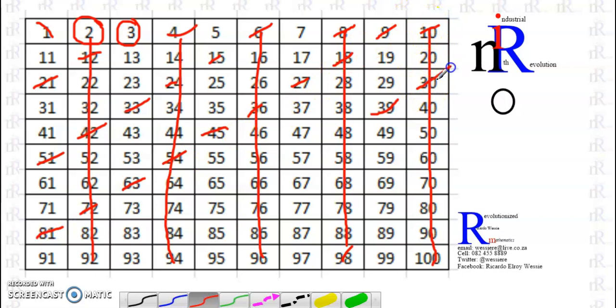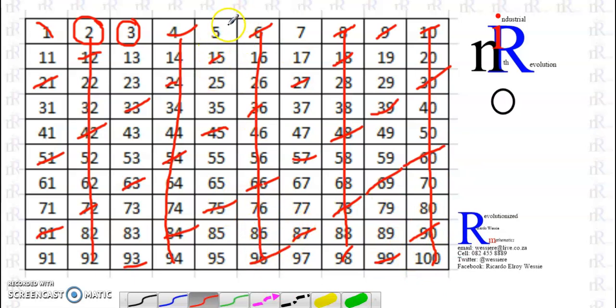Then we have 30, 39, 48, 57, 66, 75, 84, 93, and you can see this follows a pattern of skip 2 numbers and take the third number. So 60, 69, 78, 87, 96. Then skip 2 numbers and go to the third number. So these are all the multiples of 3 that are eliminated.